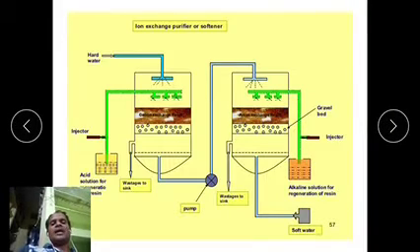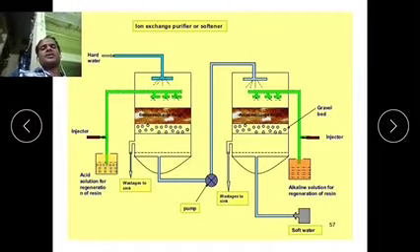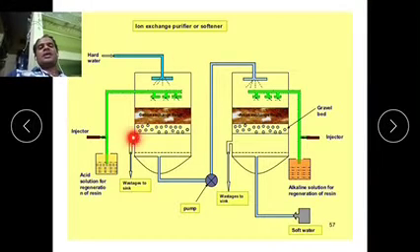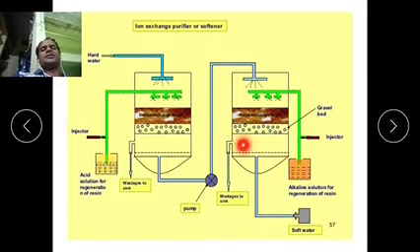This is a block diagram of the ion exchange process. The first chamber is the cation exchanger and the second chamber is the anion exchanger. The cation exchanger is taken as a pasty material, and in the second container we take the anion exchanger as a pasty material.